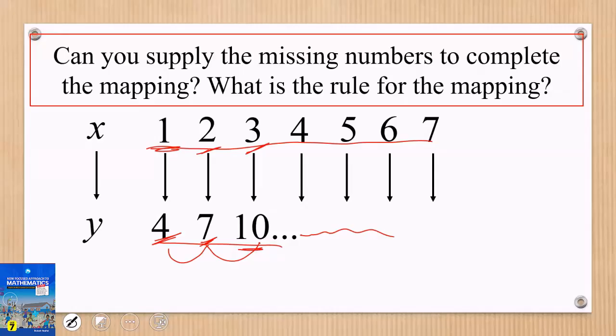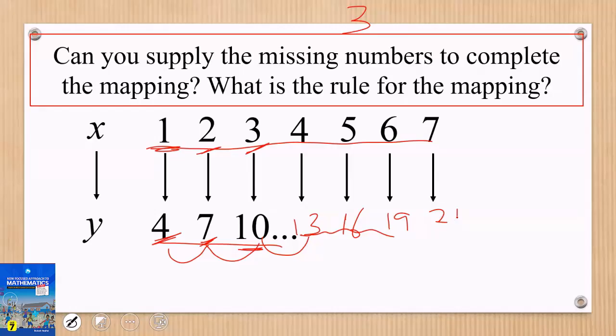What is the common difference here? You can say the common difference is 3. If it is 3, that means I can predict the next numbers coming here as 13, 16, 19, and then 22. These could be the values.